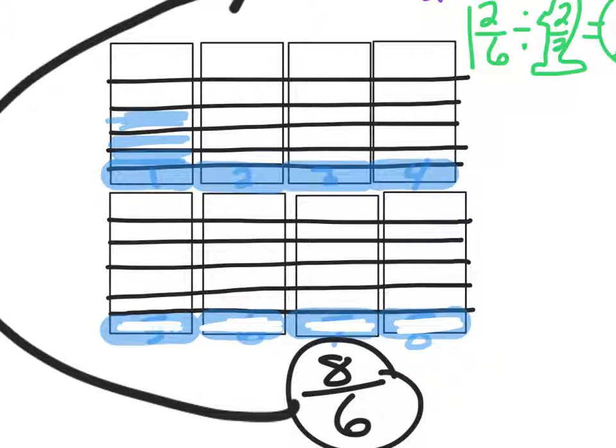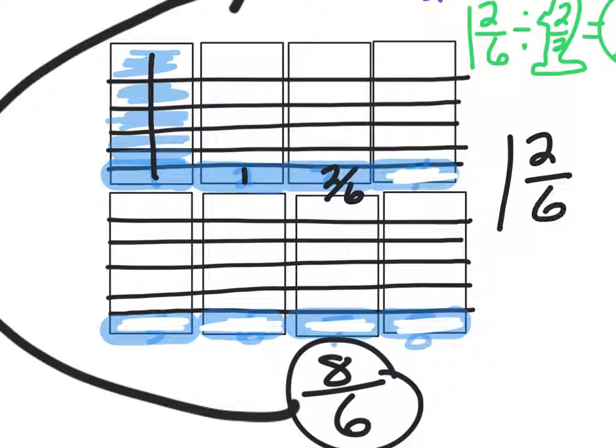And next I'll get rid of this one here, and I'll move it right here. And then I'll get rid of this one here, and I'll move it over here. And now, as you see, I've got one whole, and I could do this one of 2 ways. I could go 1, 2 out of the 6, so I've got 1 and 2/6, right?